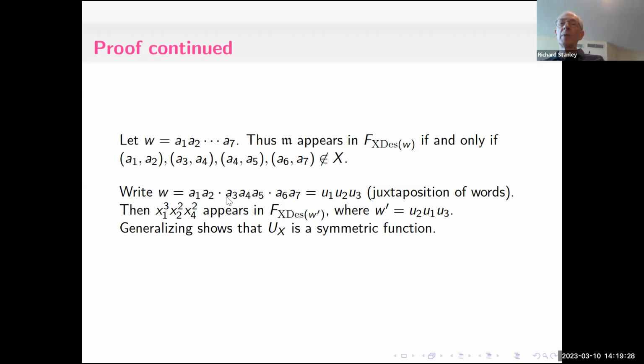Now we'll factor w according to the largest factors that have no X descent. The pairs that are not allowed to be in X are consecutive elements in the factors: a1 a2, a3 a4 a5, because a3 a4 and a4 a5 were not in X, and then a6 a7. We just factor that as a product of words.